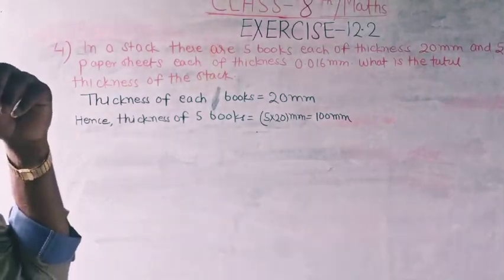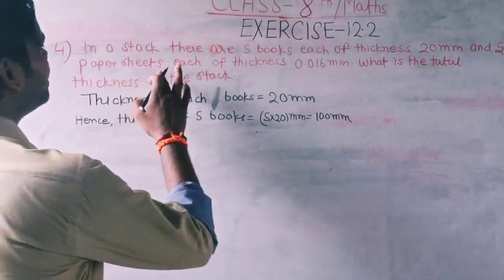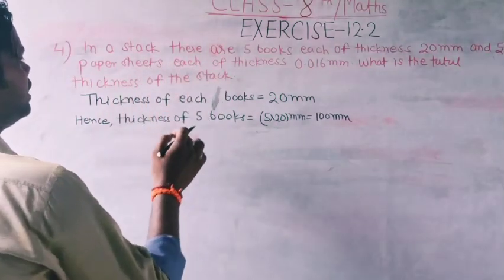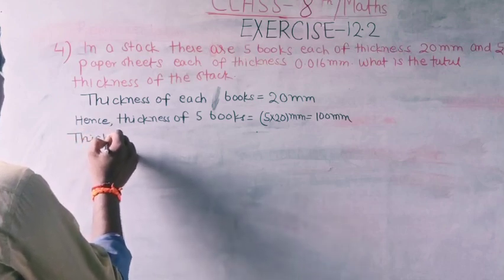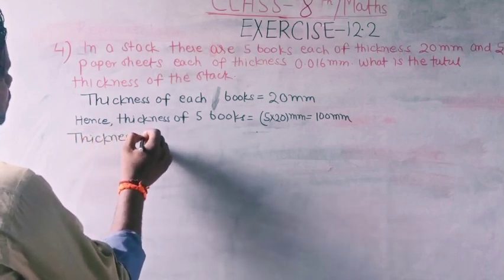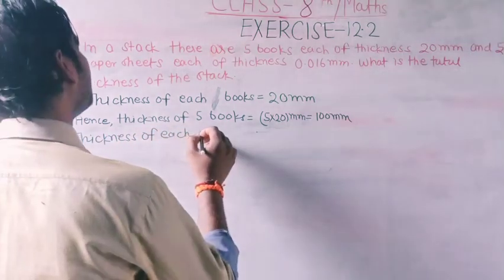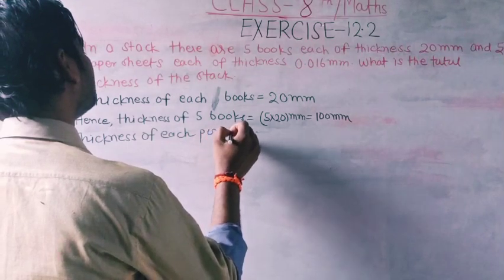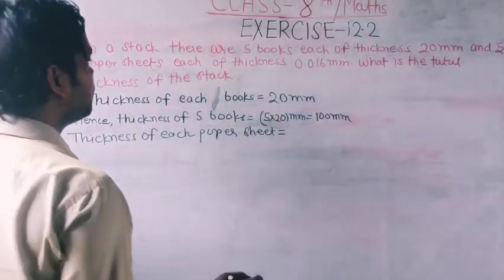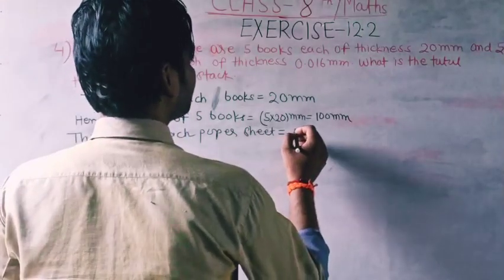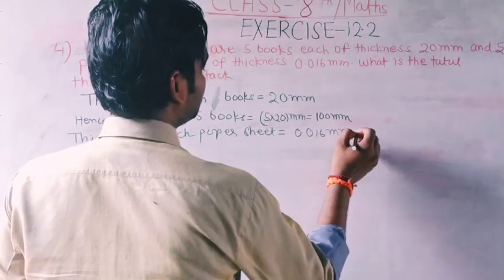Also given is the thickness of each paper sheet, which is equal to 0.016 mm.